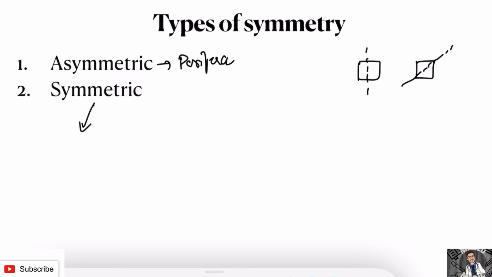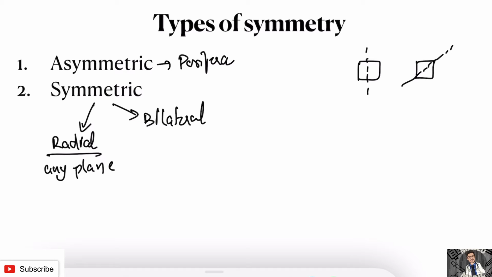Now symmetry has two types: the radial symmetry and the bilateral symmetry. Radial symmetry is where you can cut the organism in any plane, and no matter in which plane you cut, you get two equal halves. So what are the phylums which belong to this category? We have Cnidarians, Ctenophora, and some Echinodermata.